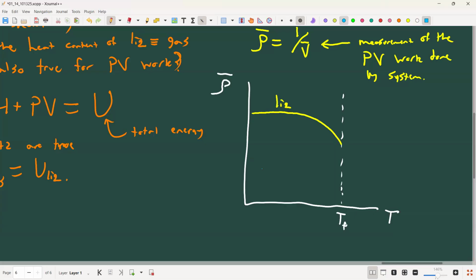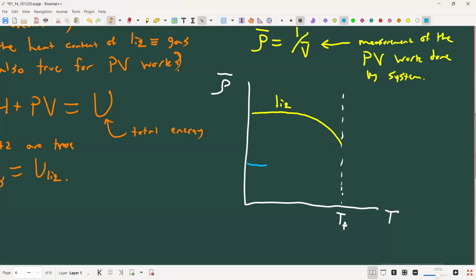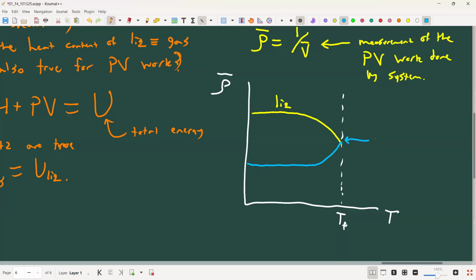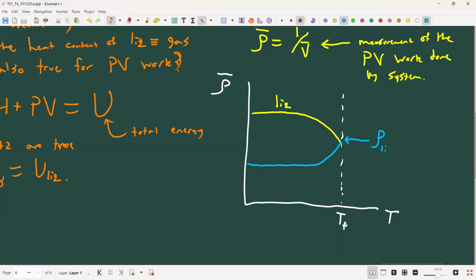And the gas, which of course has a lower density than the liquid by definition, increases at this temperature and meets the liquid at the same point. So at this special point, the liquid is the same as the gas.